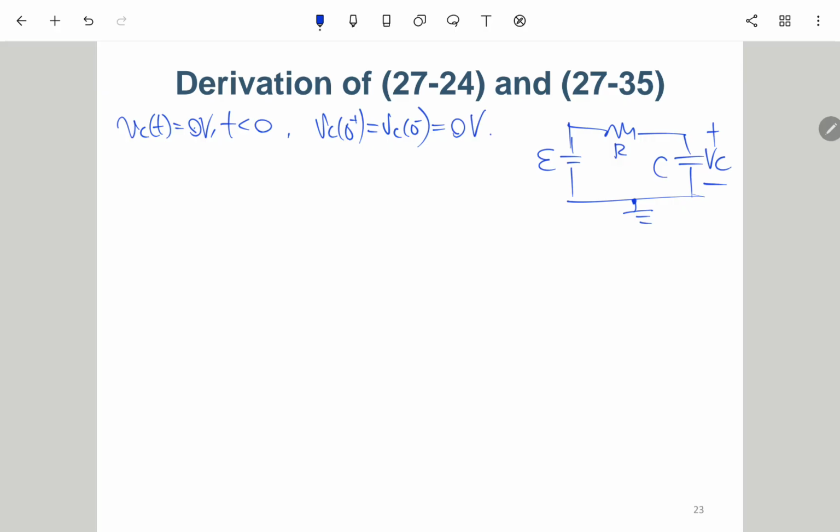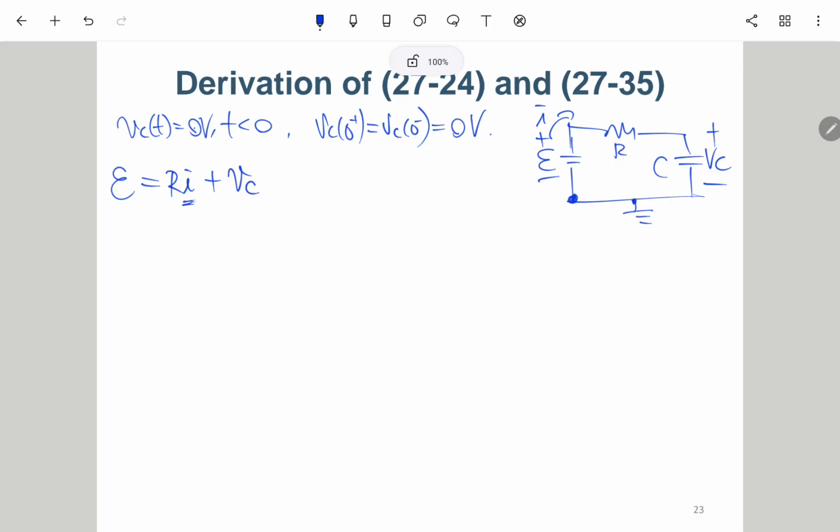Okay, so we would like to use KVL here. We start from this node and go up, so E equals, this side going down, for this resistor, R times I, V equals IR, plus this one, which is actually VC.